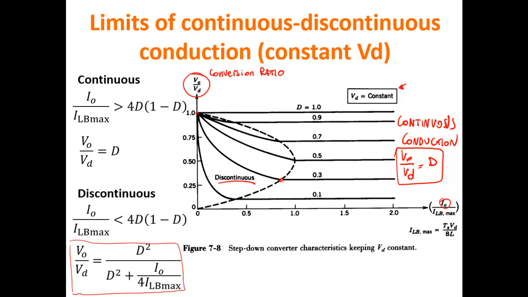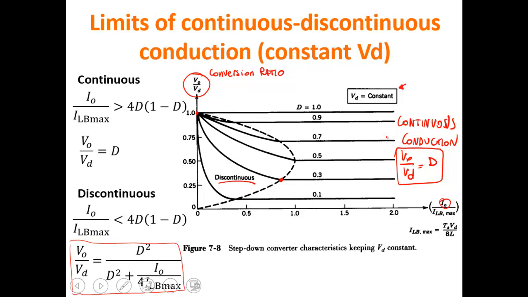So we have this type of behavior, sort of hyperbola, that is touching the horizontal line corresponding to the same duty cycle at the boundary between continuous and discontinuous conduction, and on the other hand, when I/O is equal to 0, has to reach 1. Okay. So this is basically summarizing what happens in continuous and discontinuous conduction.